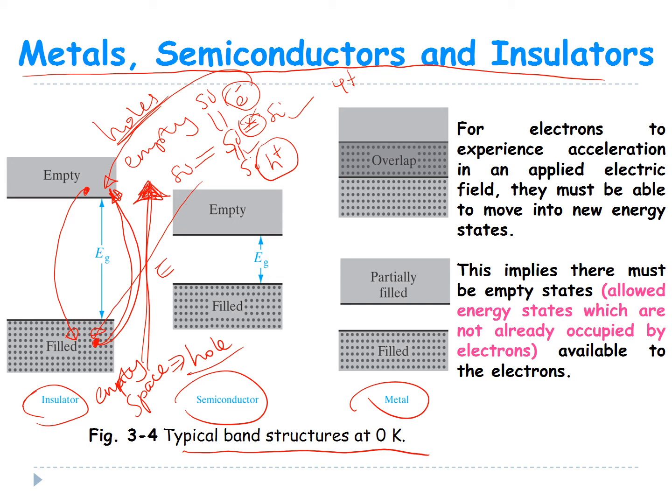So for conduction to occur, electrons should have empty spaces where they can go to. If an electron is here, then there should be nearby empty spaces where the electron can easily go to. So if the electron can do this, then it can actually conduct electricity.